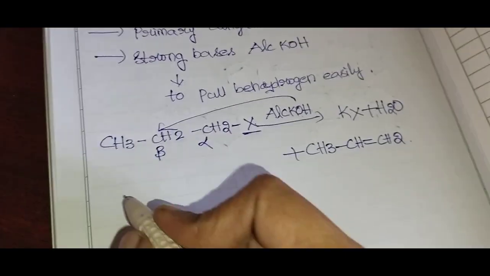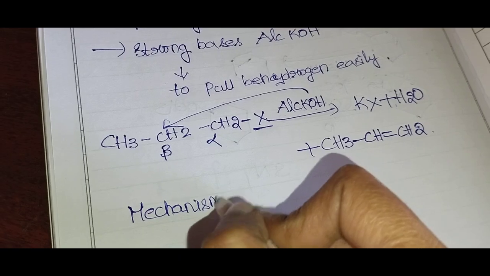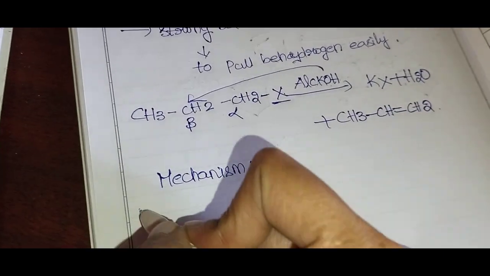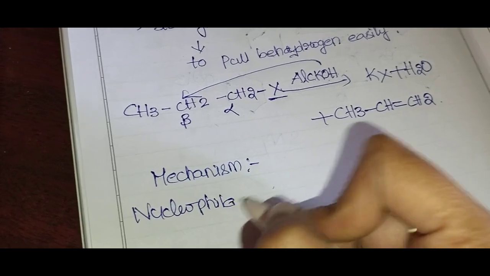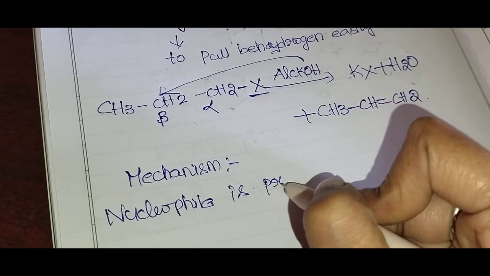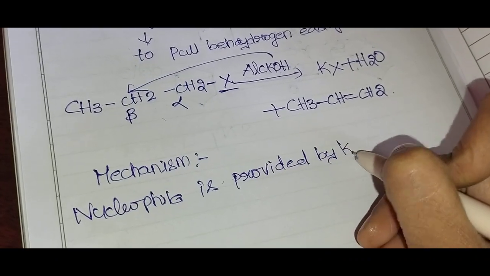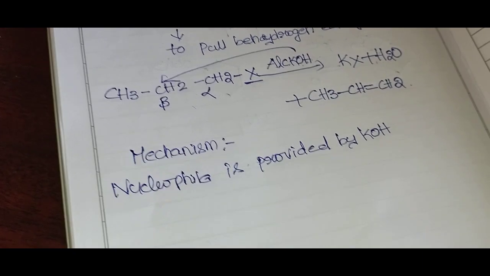So let's discuss the mechanism of E2 elimination reactions. Here the nucleophile is provided by KOH, a strong base. In E1 reactions I told you two steps will be there, but here the whole reaction is completed in only one step.